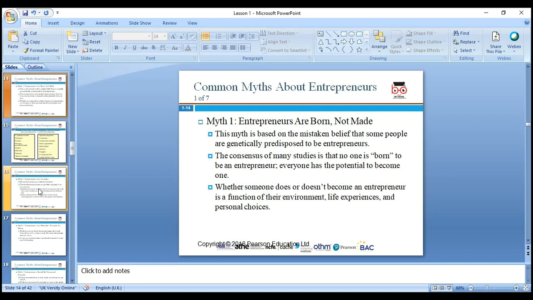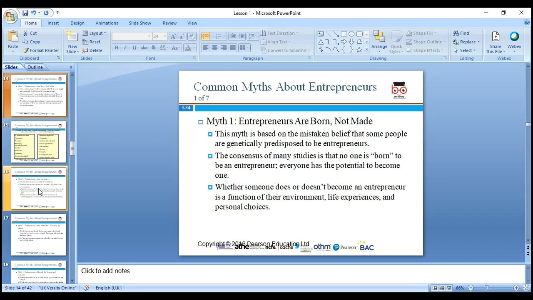Entrepreneurs are born, not made. A lot of ideas, a lot of books, some people say entrepreneurs are by birth, they are business people, because they always think outside the box. This is based on the mistaken belief that some people are genetically businessmen by birth.